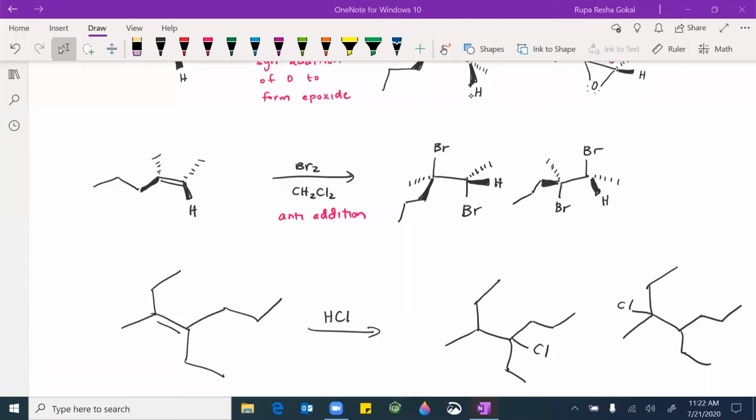Okay, so on our exam, do we have to show the wedges or dashes, or could we just do it like that? As long as the answer is supposed to represent all 4, you can write it like this. This represents 4 stereoisomers of this thing that has 2 chiral centers. And since all 4 actually form when you add HCl to this alkene, then you're good.